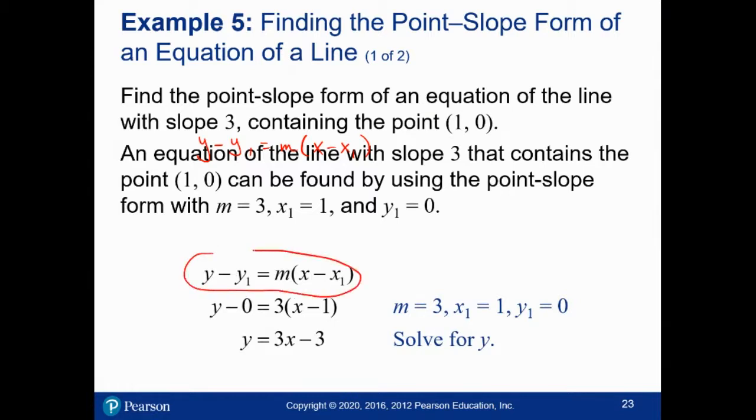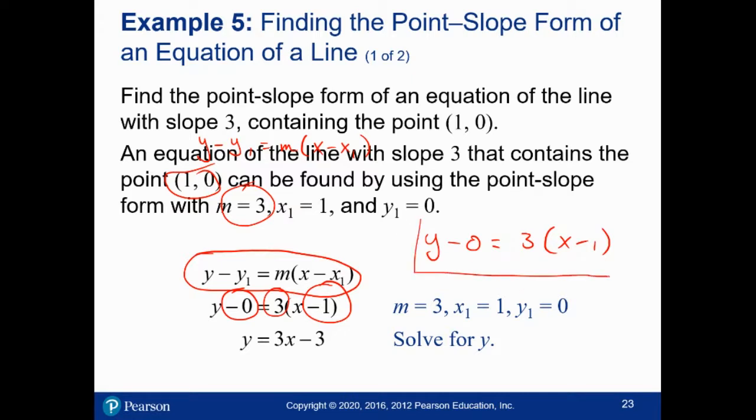The point was (1, 0), so I let x1 be 1 and y1 be 0. The slope was 3, so I put a 3 here. So y minus 0 is equal to 3 times (x minus 1). Honestly, if we're just looking for point-slope form, I'd say you're done. This matches point-slope form exactly.